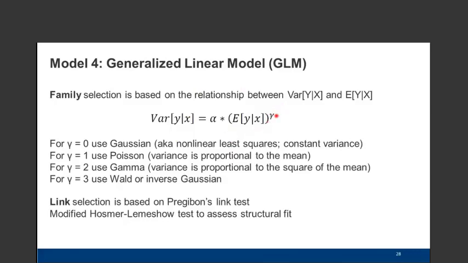And this gamma term here is what determines the family that you can pick. So you can run a modified Park test to see whether the gamma should be 0, 1, 2, or 3. And of course, this is all empirically designed, so it's based on the data you have.